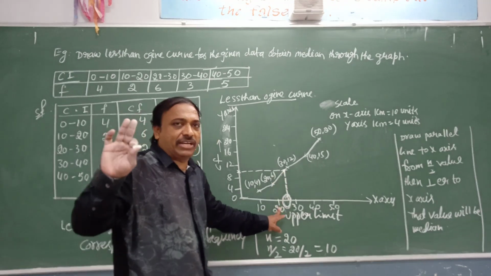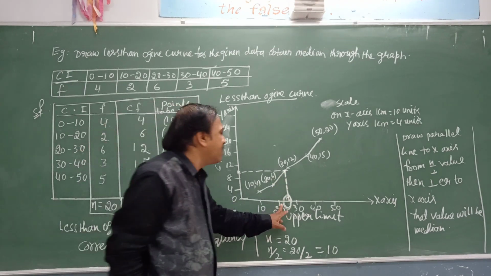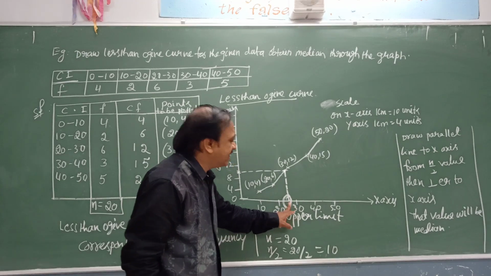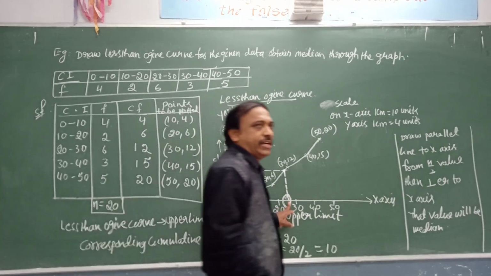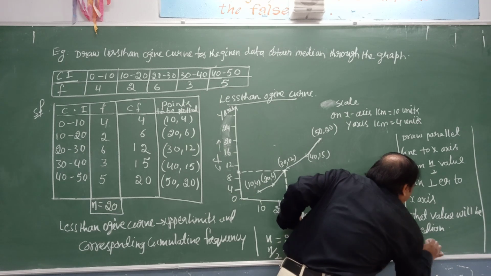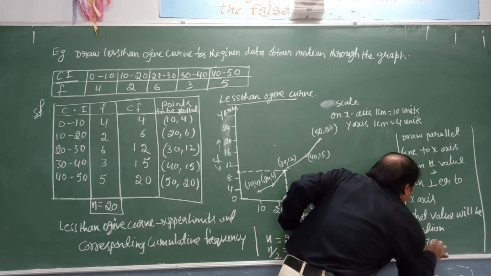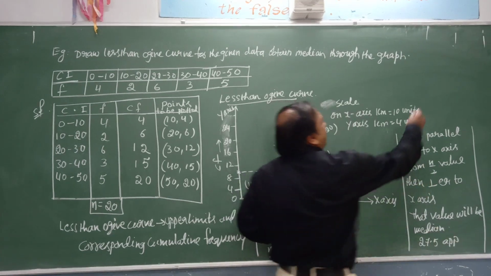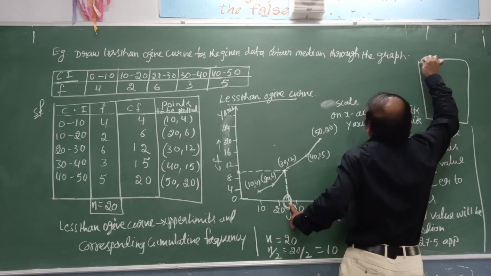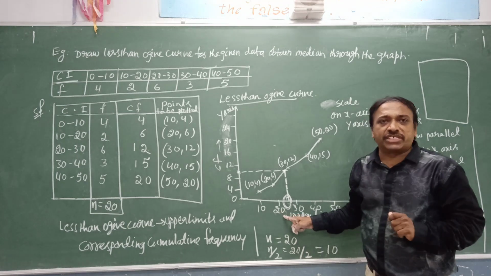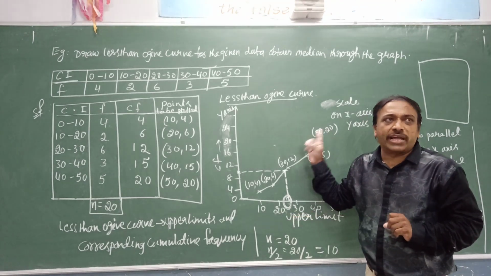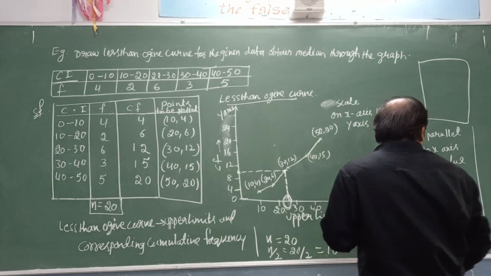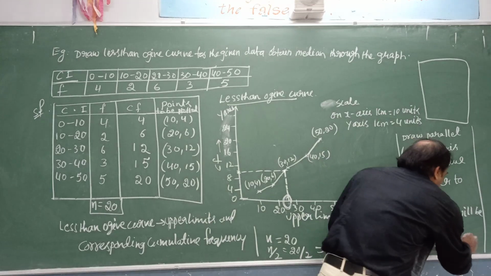You will get the exact value because you are using the graph sheet. So after 25, about 26.5 or 27.5 approximately. So I write 27.5 approximately. Therefore the median, you have to calculate using the graph, approximately.